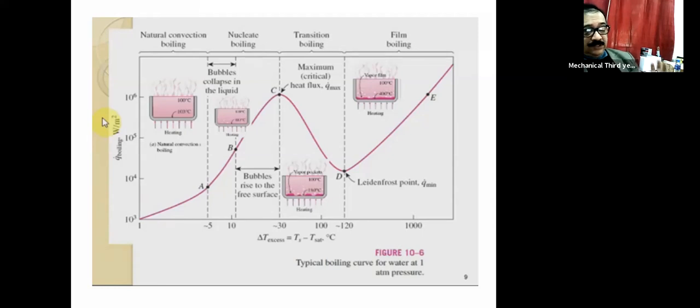That means, what is this point C? Here, the vapor formation starts. Now, if you heat further, what will happen? The heat flux will not change further beyond this point. This is known as the maximum critical heat flux, Qmax.